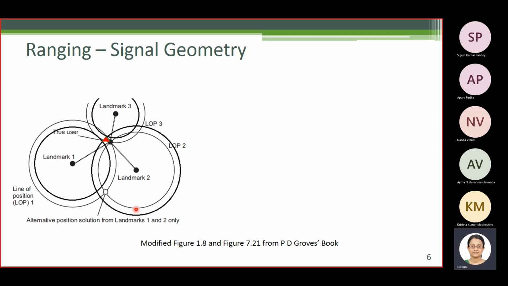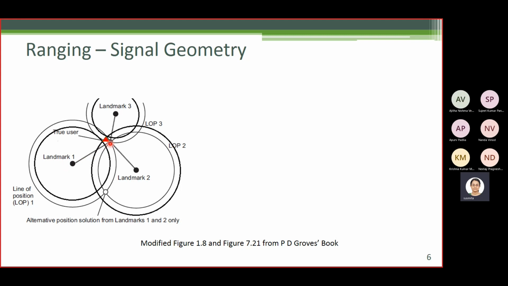Now see, on the previous slide you mentioned that we make a measurement corresponding to a transmitter, and for a given measurement the user can be anywhere on the corresponding circle, right? But the measurement is never accurate, right? Whenever we are measuring the distance to a transmitter, this straight line distance is also called range. That range measurement always has some errors.